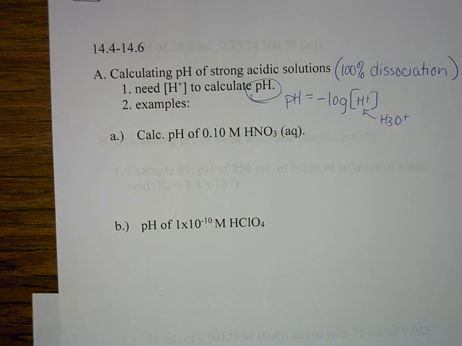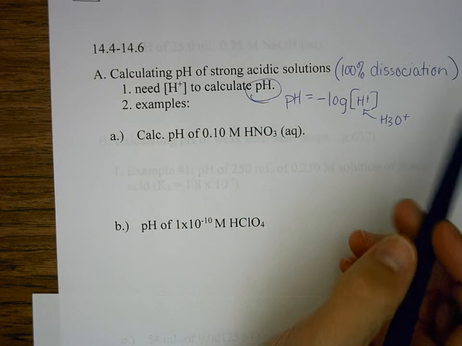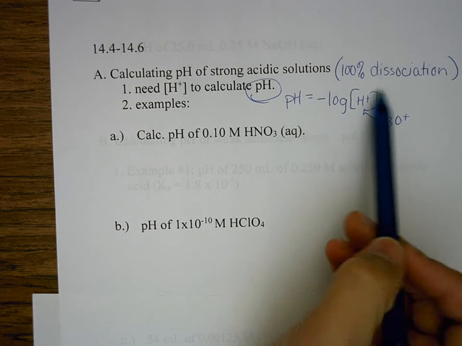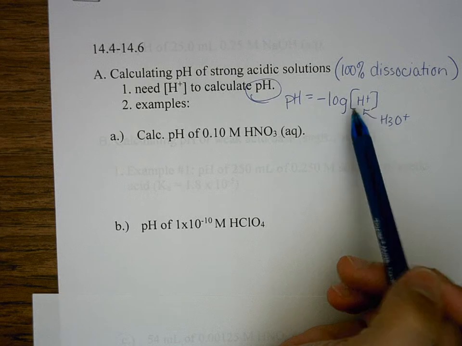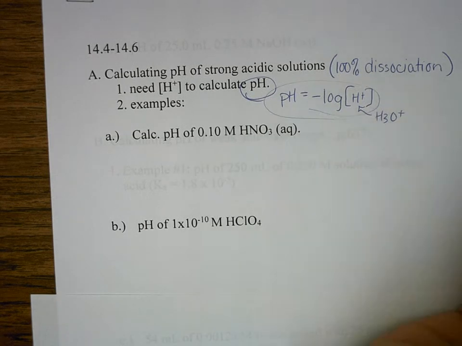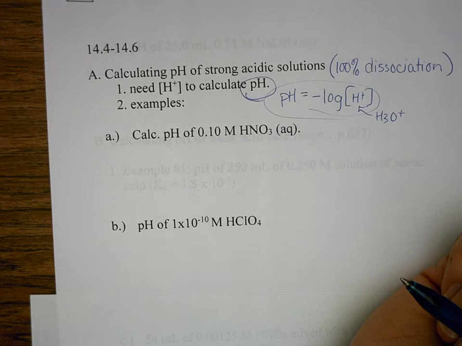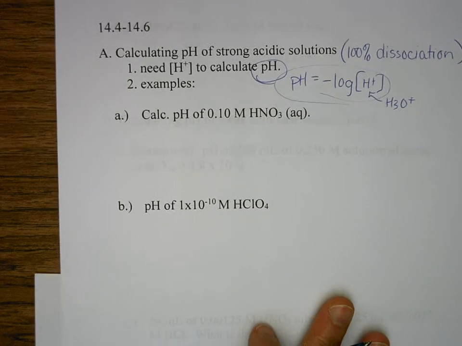And so if all of these questions are going to ask me to calculate the pH value, then I need to know the hydrogen ion concentration. So that's going to be what you're looking for, and the way you find that is going to be different depending on the situation. And then pretty much you're ending all of the problems by negative logging something to find the pH.